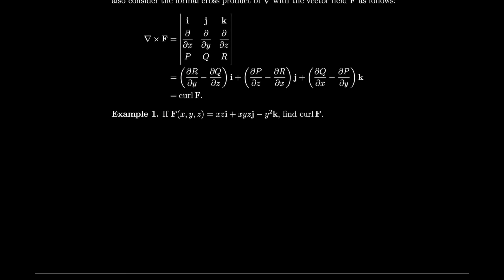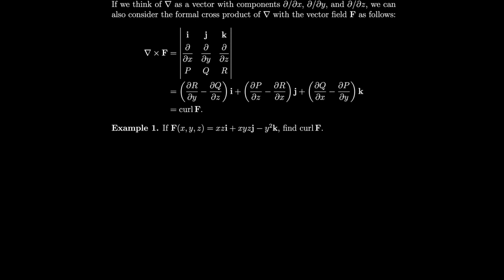As an example, how about we just find the curl of this vector field? We'll say that curl of F is equal to del cross F. So that'll be equal to the determinant of, we'll put i, j, and k, and we'll put each of the partials for del: partial with respect to x, partial with respect to y, and partial with respect to z.